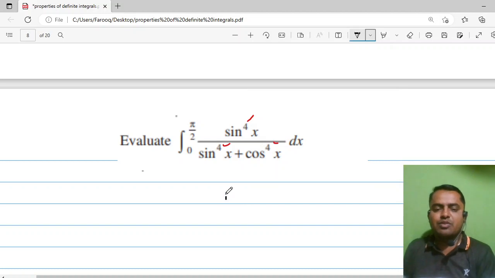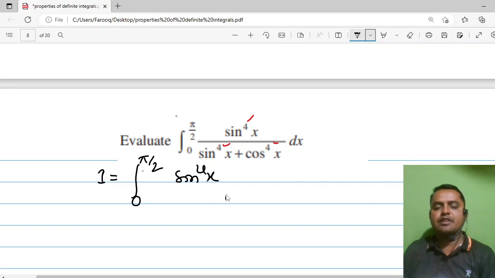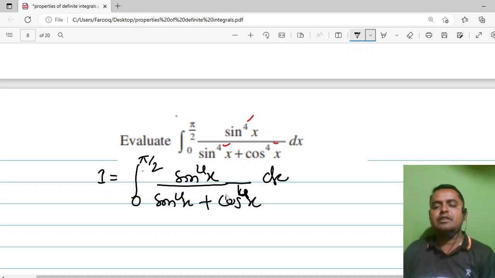Let us solve this problem also. The given integral is I is equal to the integral from 0 to 5 by 2 of sin raised to 4x divided by sin raised to 4x plus cos raised to 4x, equation 1.